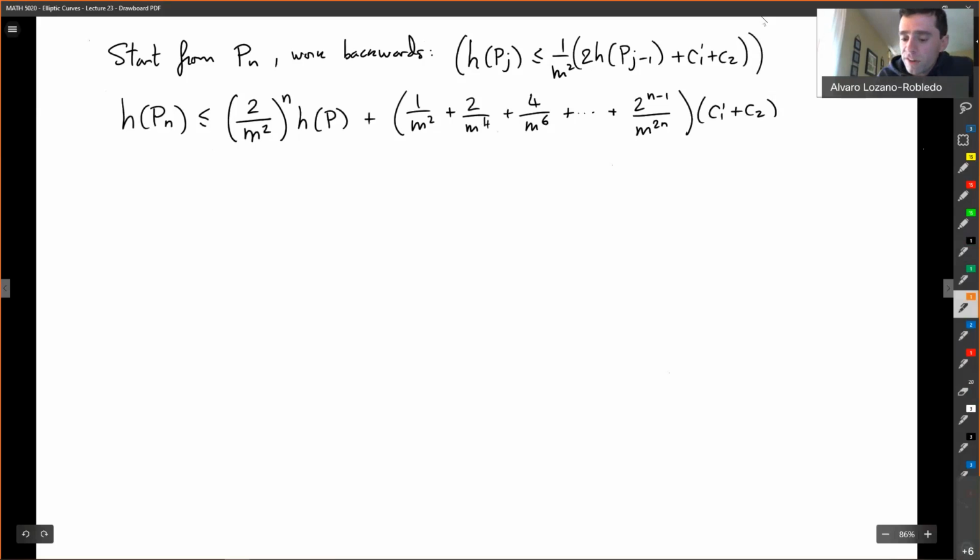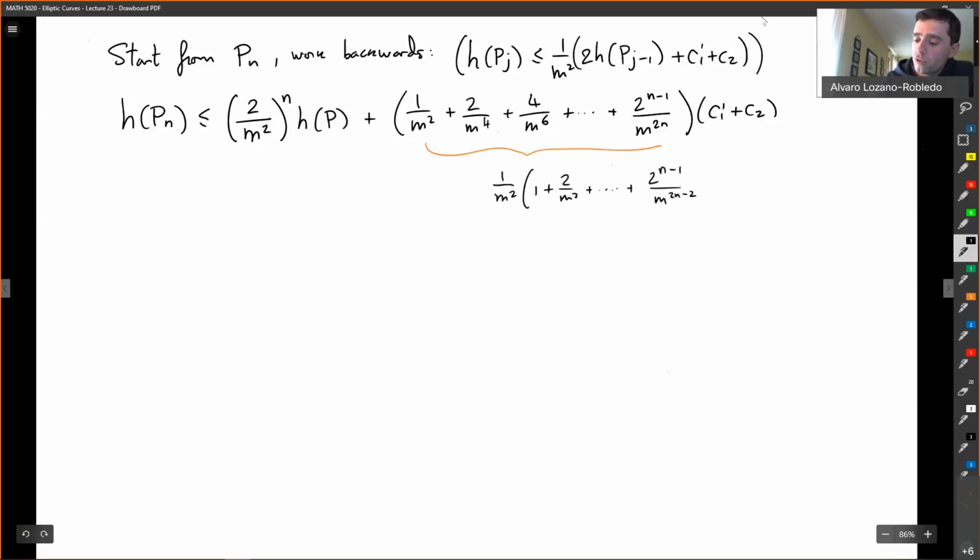Now, what can we say about this sum? This seems geometric, so I can compute it. This is 1 over m squared times 1 plus 2 m squared plus ... 2 to the n minus 1 m to the 2n minus 2. And as I said, that is geometric.